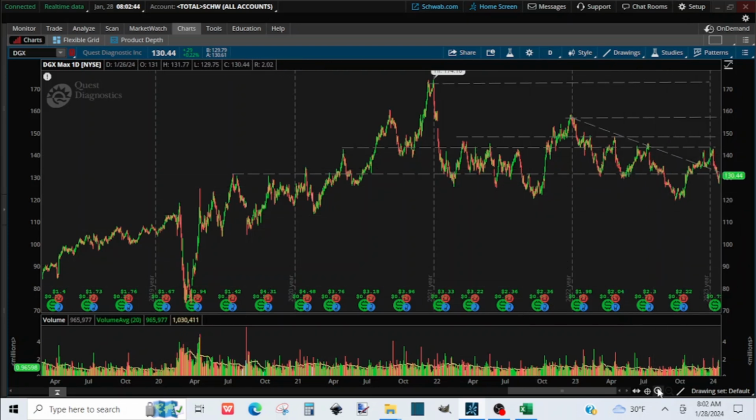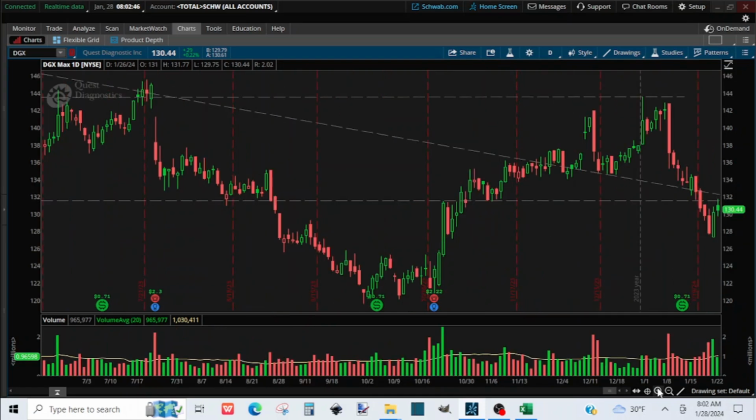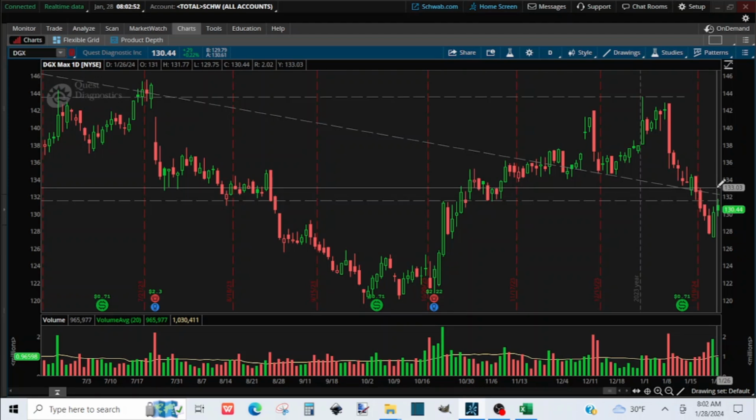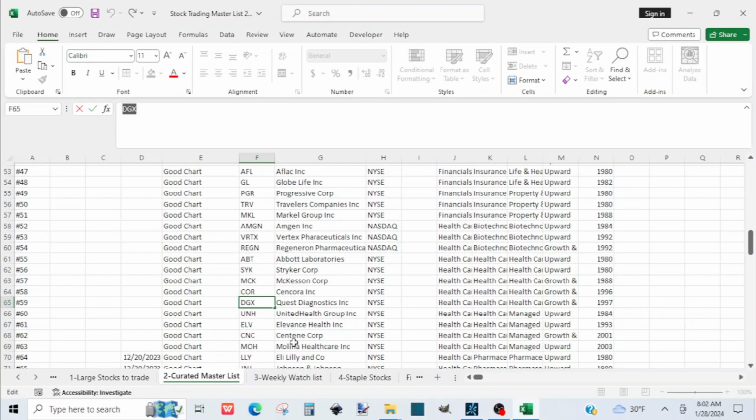So if we get closer, it has that resistance, that downtrend to cross. So I'm not even going to spend a lot of time on it. It is a no-no. And I'll go to the next one.